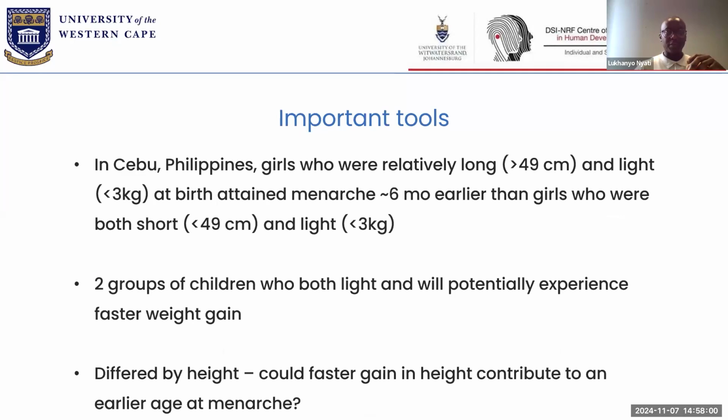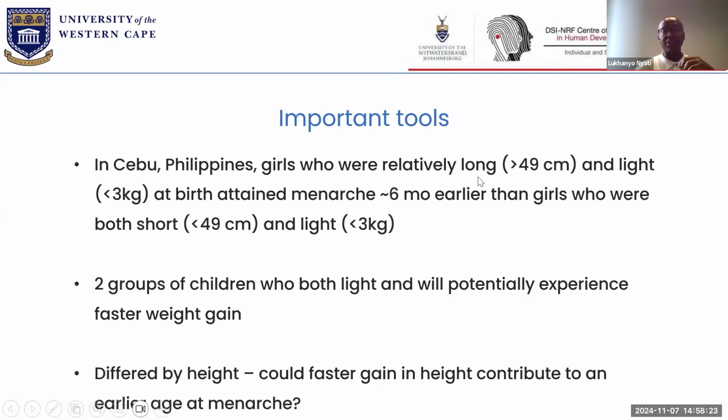So, taking that concept and looking at children who are lighter, so they are less than 3 kilograms, if you just focus on that group and look at how height, the length in those children, influences the timing of age at menarche.